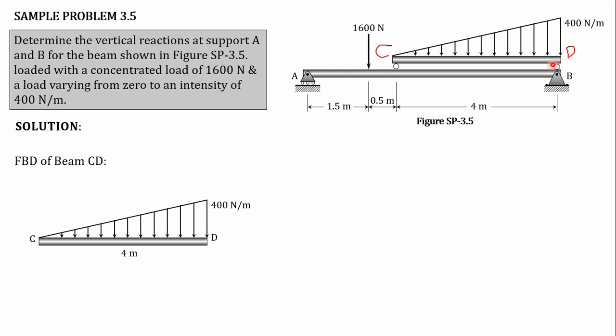And we know that a roller is only one unknown, and that is perpendicular to the surface. So therefore, ito yung ating CV at ito yung ating DV. So, unahin natin yung computin yung CV at DV, and then i-transfer natin siya sa beam AB to solve the reaction at A at B.